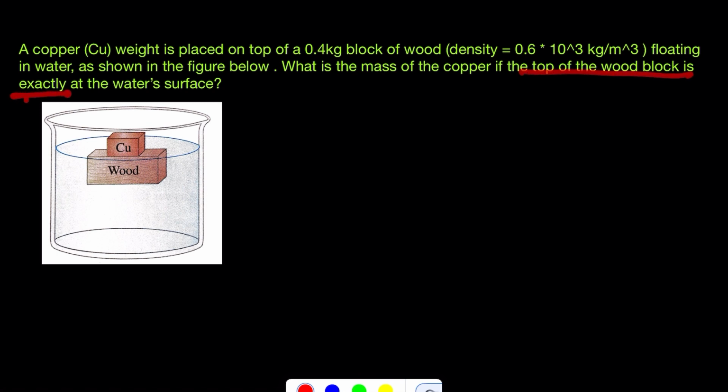This means the whole block of wood is immersed in the water, and they are floating. So if we draw the free body diagram, wood has a weight, m wood g, this is the weight of the wood block, and there is another weight, m copper g, that is the weight of the copper block. Since they are floating, they must be equal to the buoyant force, which is acting upward.